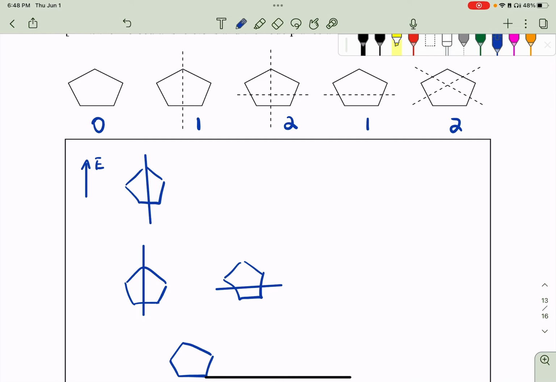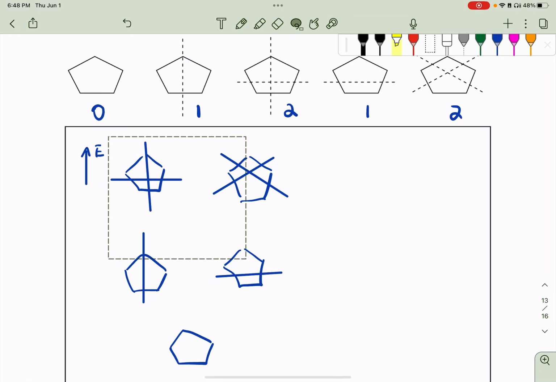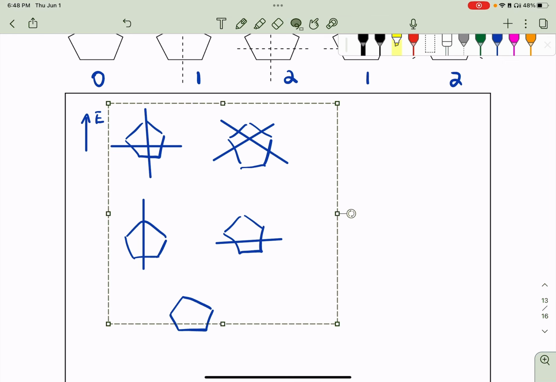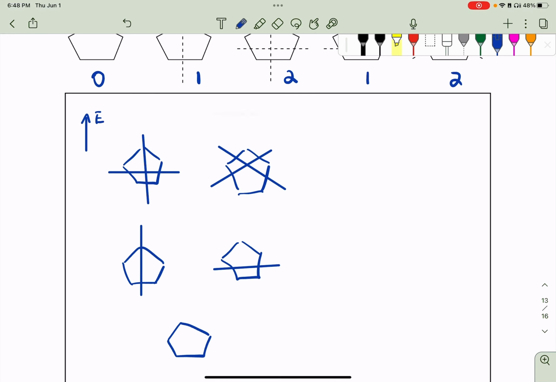The drawing is a little bit ugly, but that's okay. And these are my skeletons organized according to their energy levels or the number of nodes.